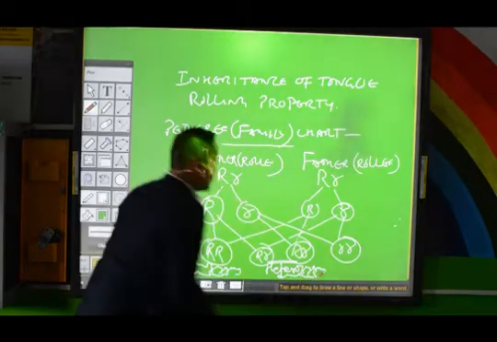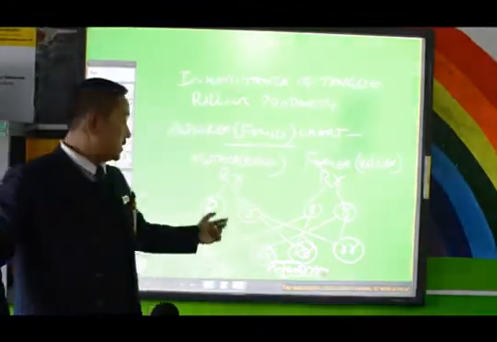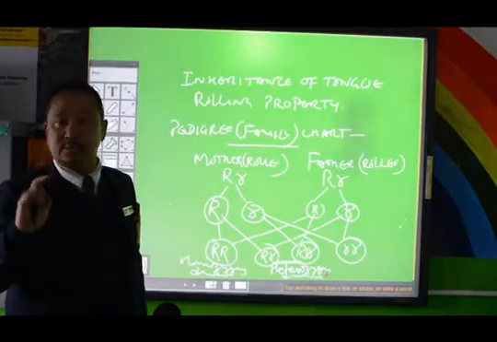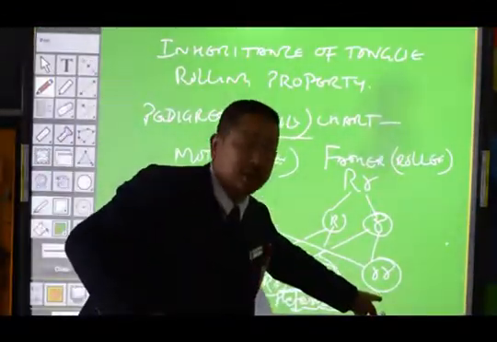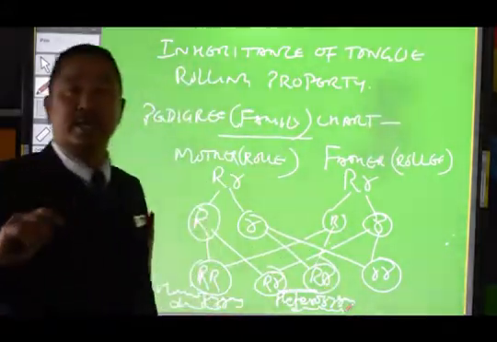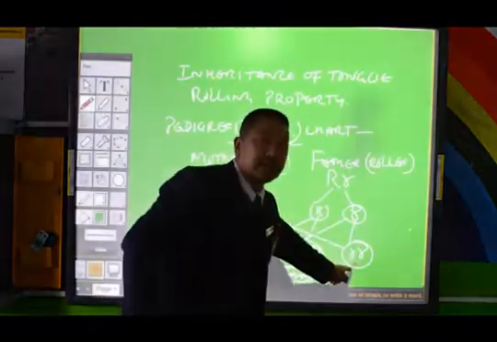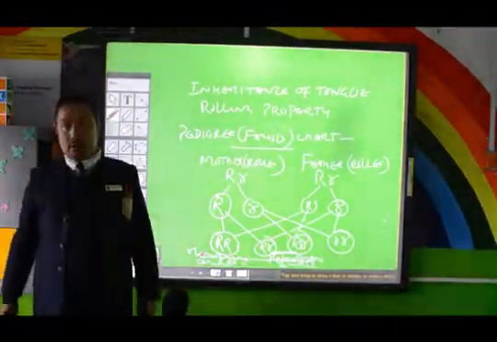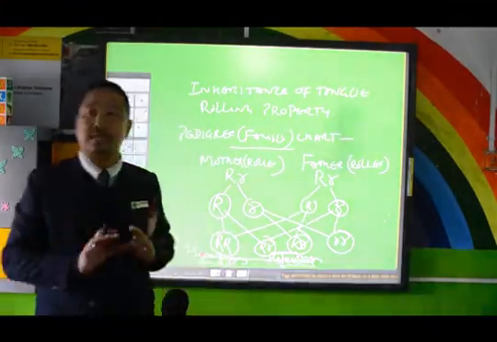That means their genotypic composition is heterozygous dominant. Both the genes in their case are one capital and one small letter. And the fourth one, we find having both the recessive alleles, so that he or she cannot roll the tongue, but these 3 can roll the tongue. Though they can roll the tongue, their genetic composition is different.